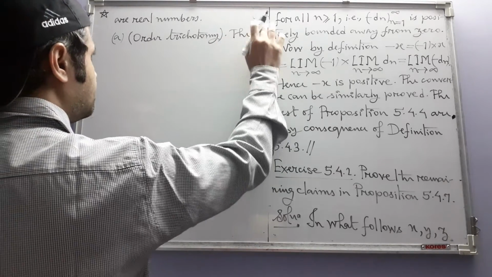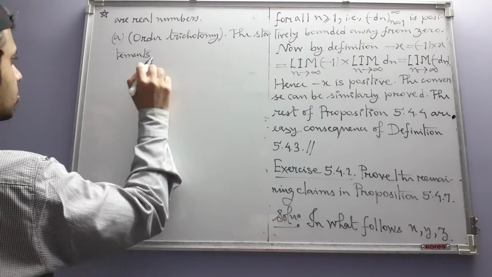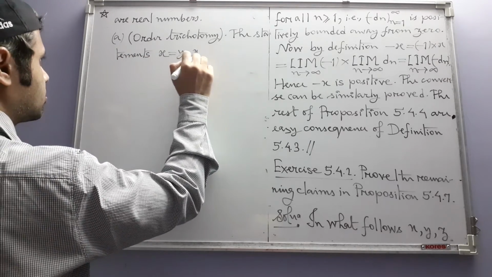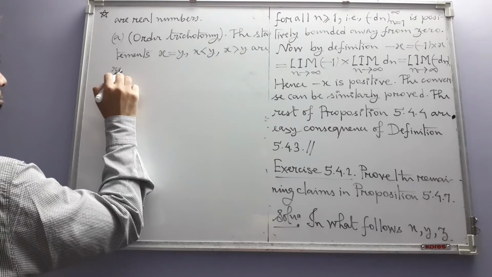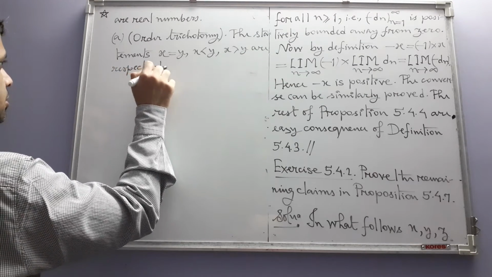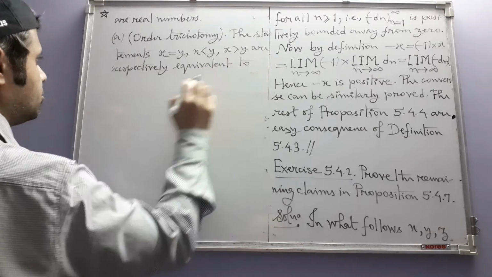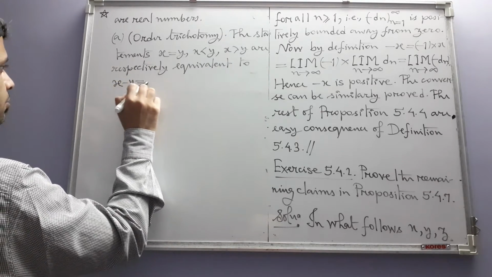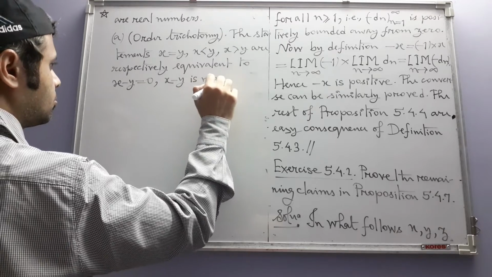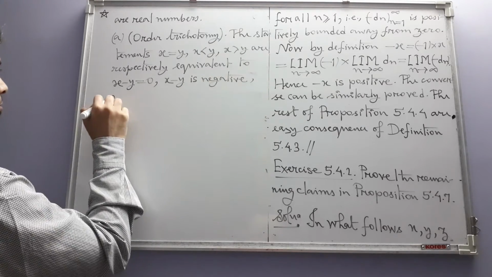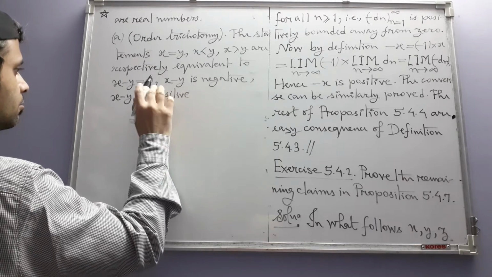The statements x equal to y, x less than y, and x greater than y are respectively equivalent to x minus y being 0, x minus y being negative, and x minus y being positive.